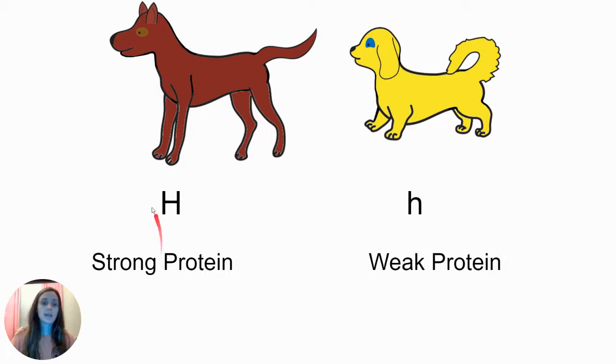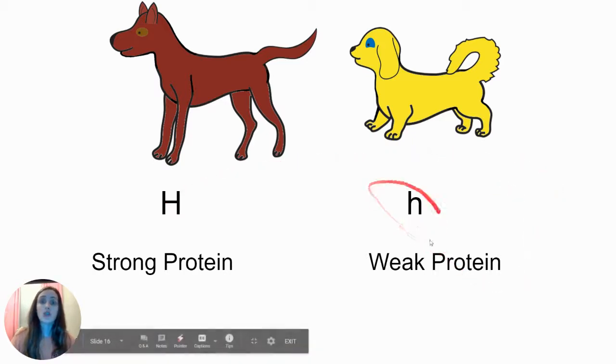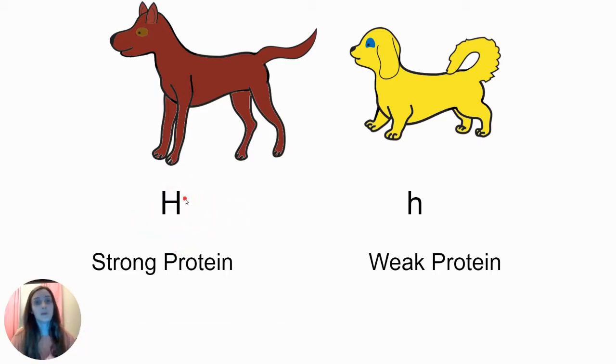So if you only get 1 capital H, that's the trait that's going to come in. You need 2 lowercase h's to show short, but you only need 1 capital H, 1 strong protein, to get the tall height.